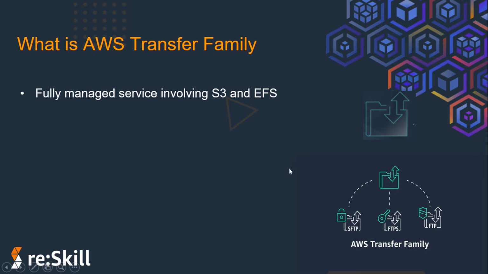So basically, wherever you have files from external sources in your local system itself, what you have to do is just connect to a server with Transfer Family, and your files from your local system, through the protocols SFTP, FTPS, or FTP, will be sent into Amazon S3 or EFS.